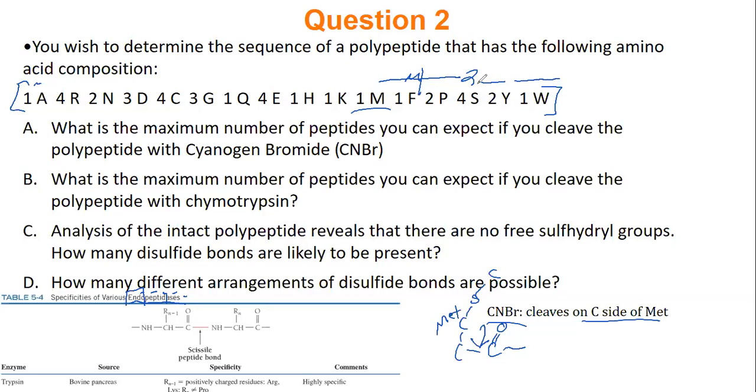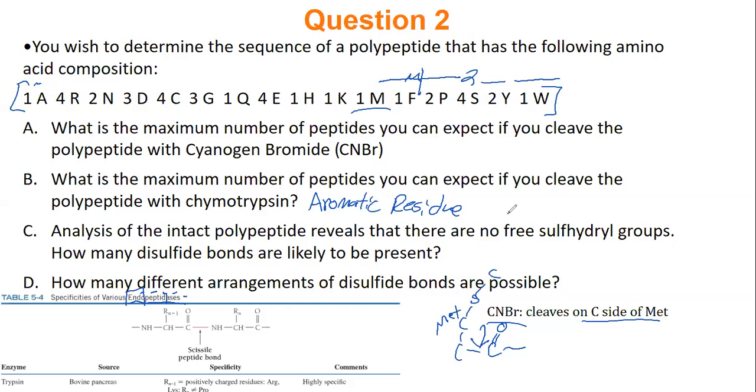Now, chymotrypsin, let's see, it will cleave basically after any aromatic residue. You know, your big ring structures.